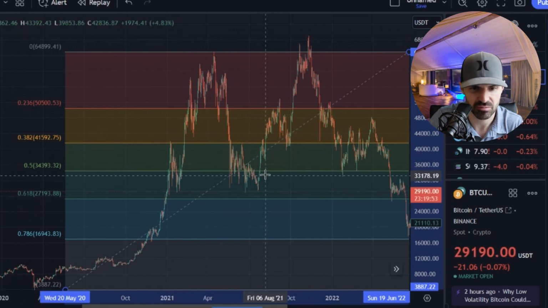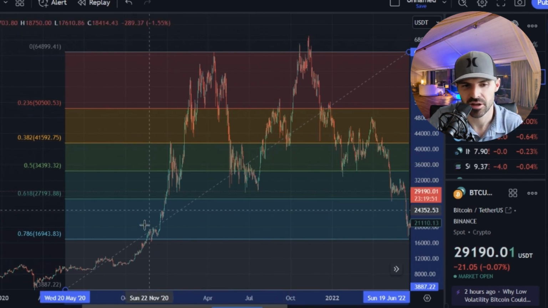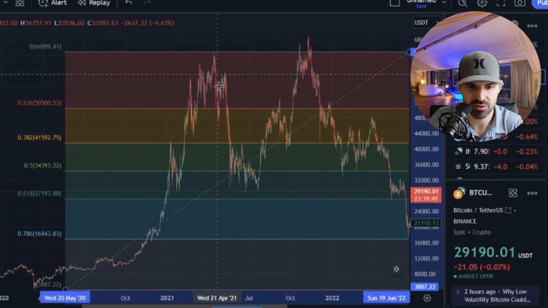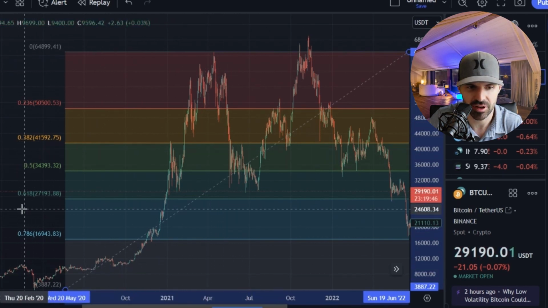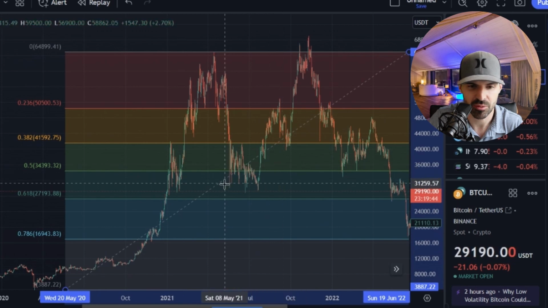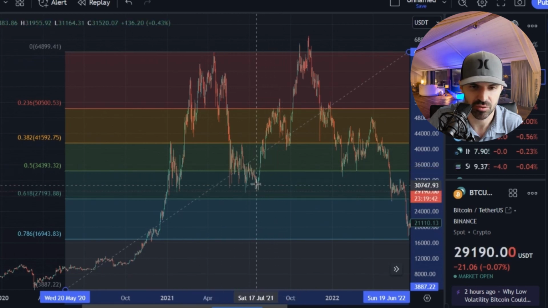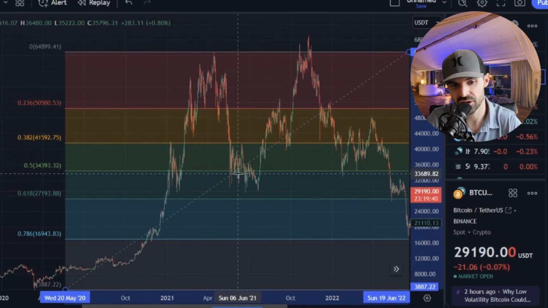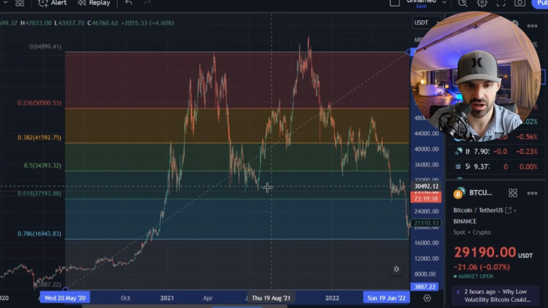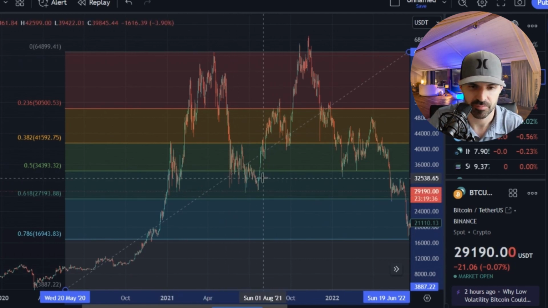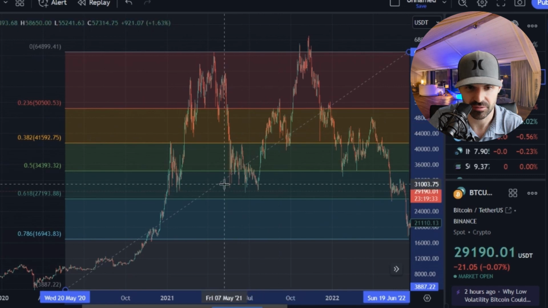That is what people call the golden pocket. A lot of traders will wait until it retraces between the 0.5 and the 0.618, and that would be an area of interest to buy spot long, or to put in a long, because it's a good retracement area.